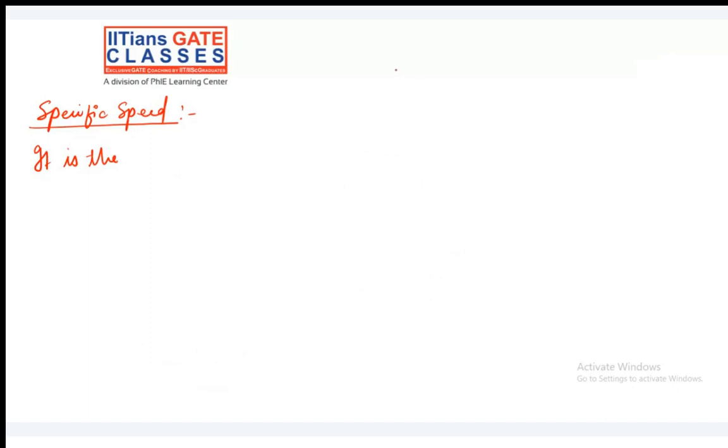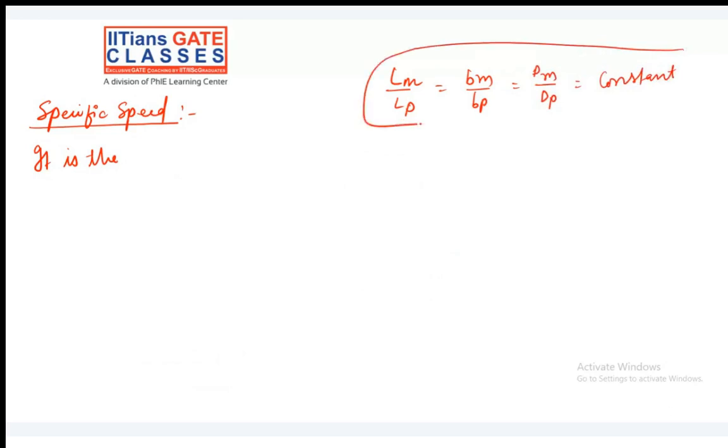If you are taking the length ratio of, let us say, model and prototype, then this length ratio and width ratio should remain constant. Got the idea? Then I can say that this is geometrically similar.